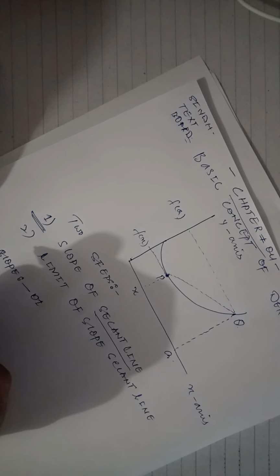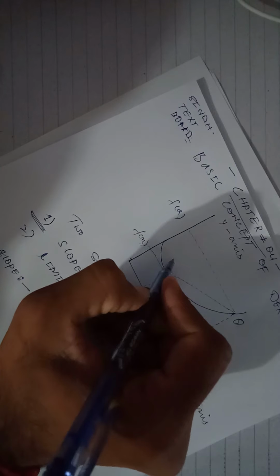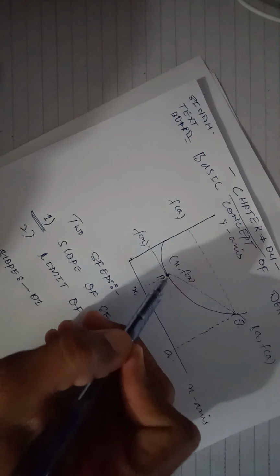We represent point P as (x, f of x), and point Q as (a, f of a).